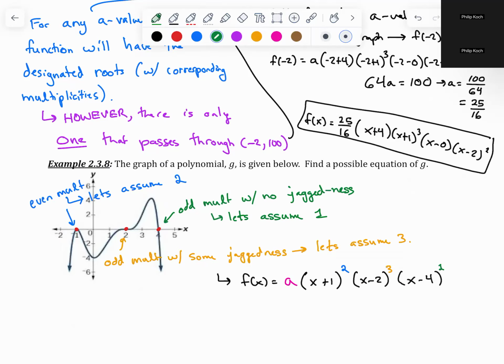Though you could technically get away with saying the 3rd power if you really want to, but whenever it's a kind of a straight line through with no wiggle, it's gonna be multiplicity 1.